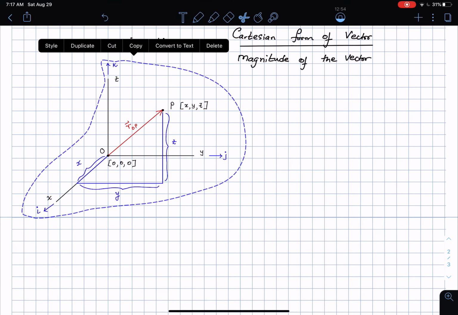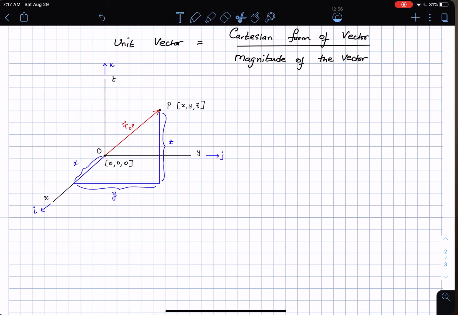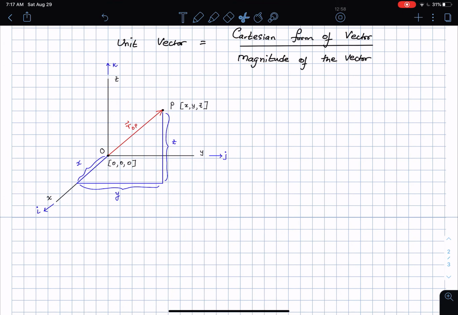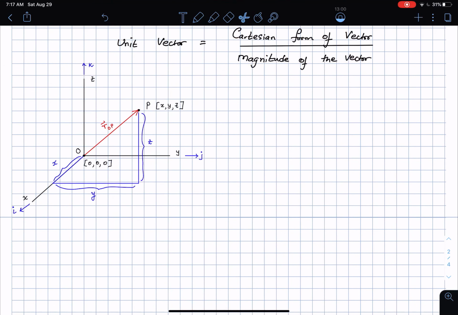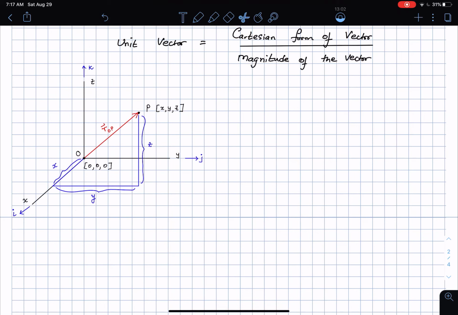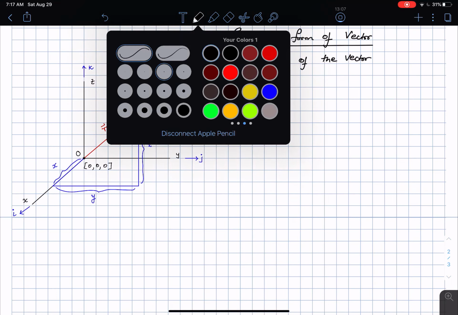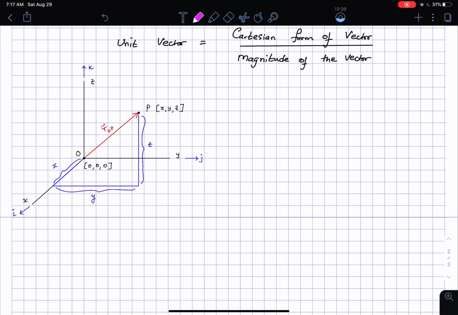Can you tell me what the unit vector along the direction of the vector OP is going to be? Let's say that I need the unit vector along the direction of OP, and I'm going to point that out as the following direction.